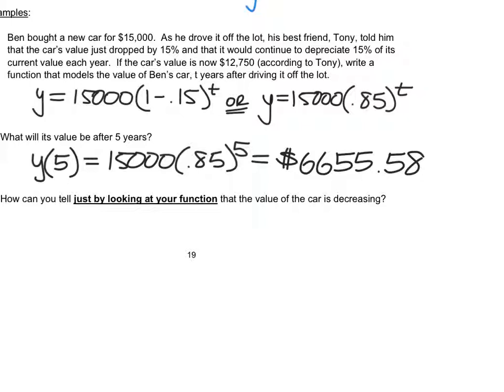So, yeah, but this is telling us after 5 years, the car is worth $6,655.58. So now think of this in a real world context. Let's say you didn't have 15 grand on hand, so you have to take out a loan. All right, so you take out a loan in the amount of $15,000 at the beginning of 5 years.